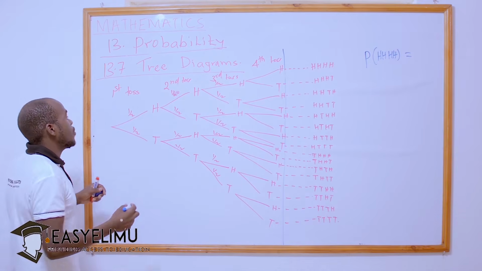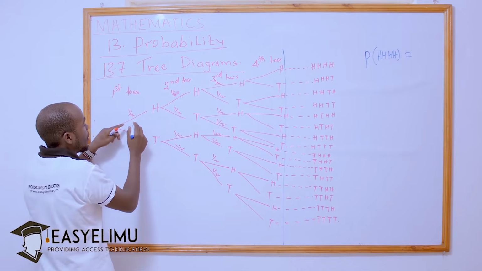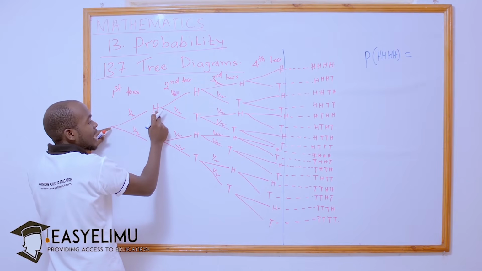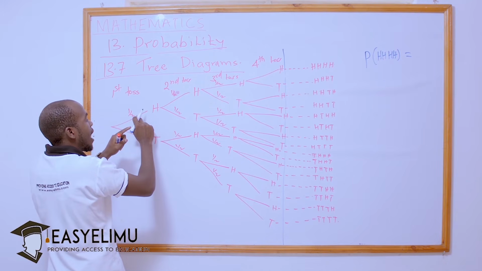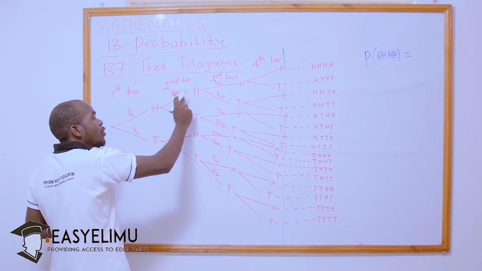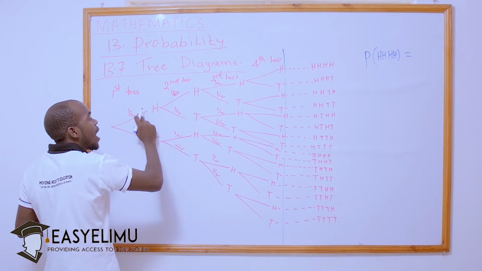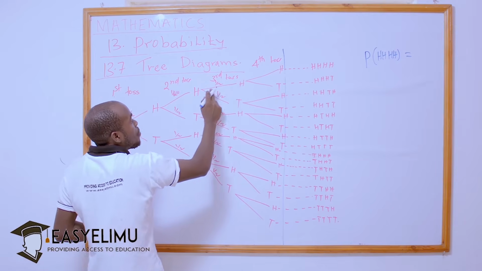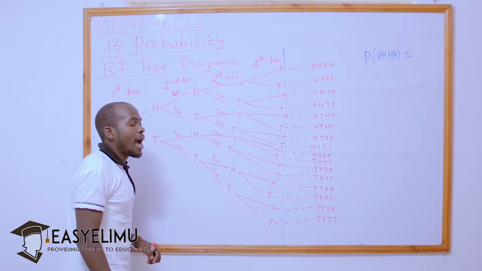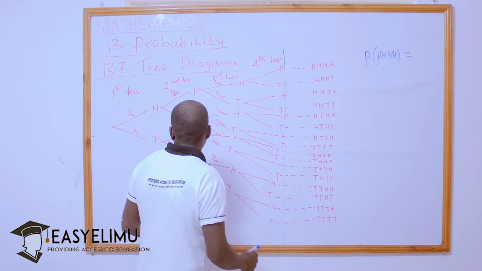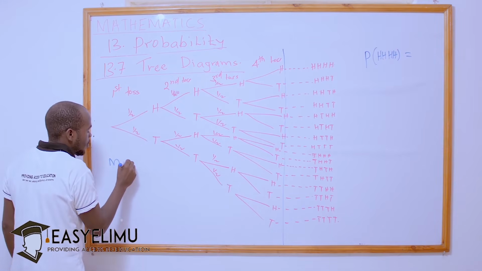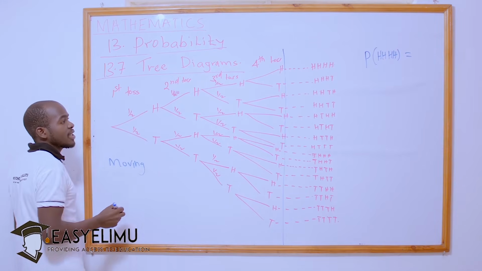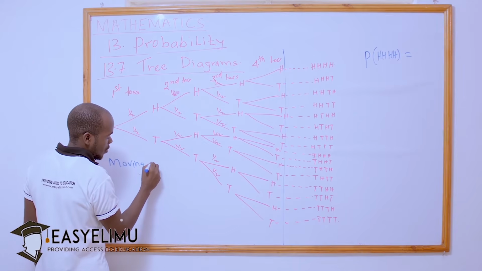Using a tree diagram, this is what you do. You will come here, get the first head, which is a half. As you move along a branch, we are multiplying. Moving along the branch, you multiply. That is an independent event.